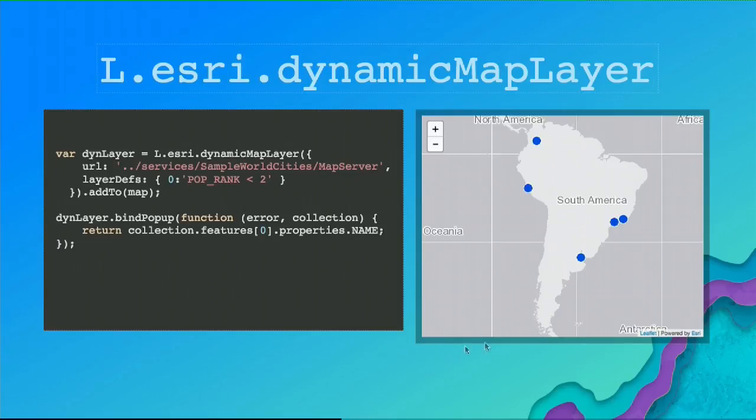And you can bind pop-ups as well, and what happens when you bind the pop-up is there's a small delay. We fire off another request and then we actually identify some features. So we don't have that seamless interaction where even just panning over a feature is able to display the pop-up, but you can interact with the data. So it's not an either or. It's just a different paradigm.